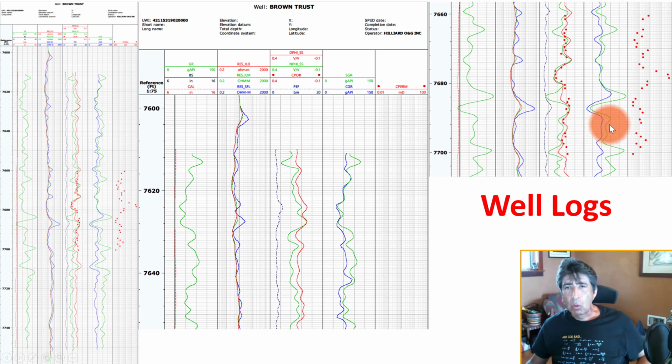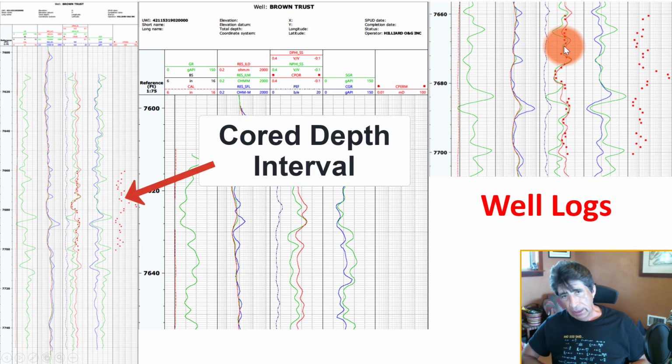Typically this is done with the gamma ray log, by acquiring the gamma ray log in the laboratory of the core samples. There's a tool in the laboratory that goes through the core and measures the gamma ray log, so it gives us a gamma ray log of the core. And then that gamma ray log of the core is depth matched with the core itself.